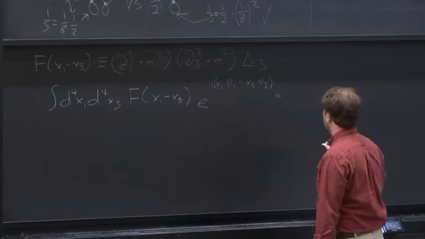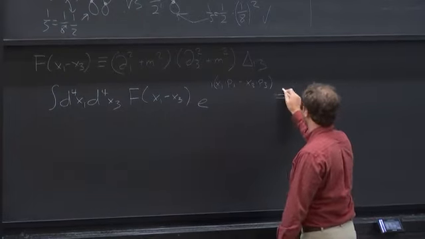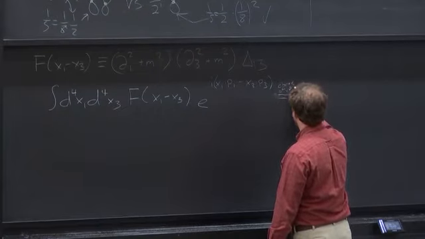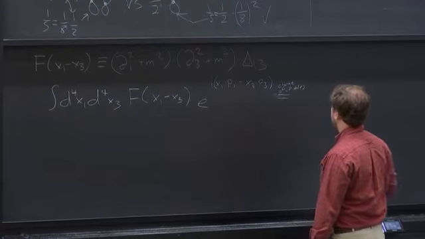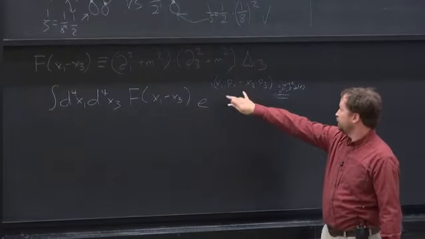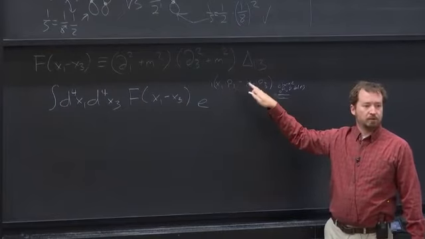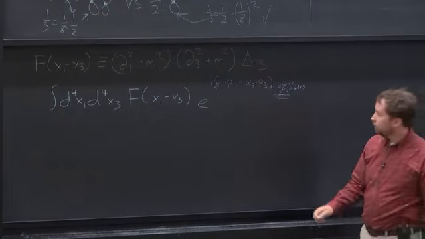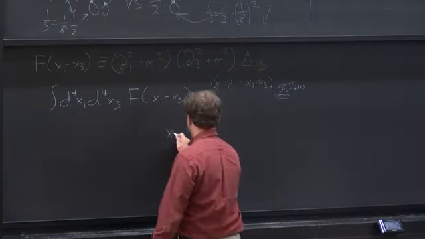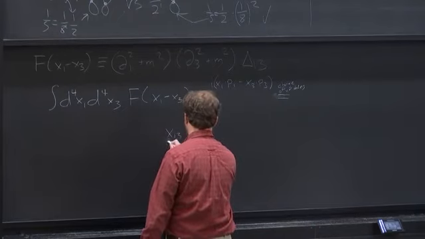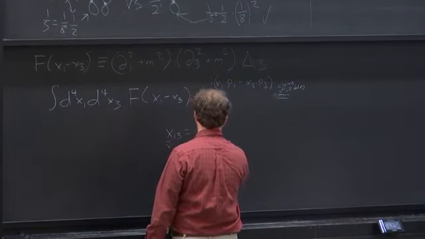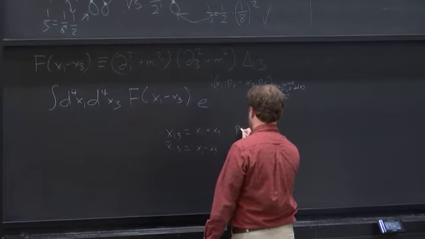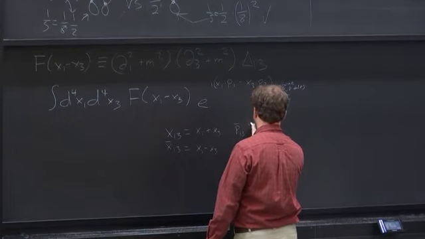And to analyze this integral, I can do a change of variables. I can write it in terms of x1 minus x3, x1 plus x3, and p1 plus or minus p3. Those variables I can call x13 bar, and the same for p's. I'll put a factor of 2 there.